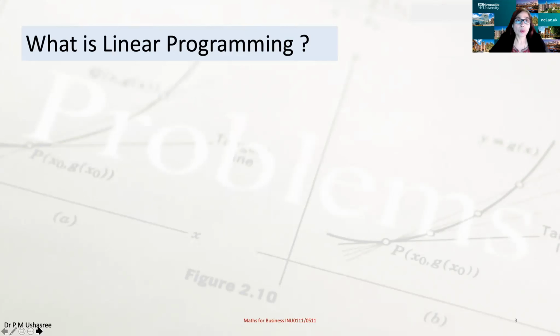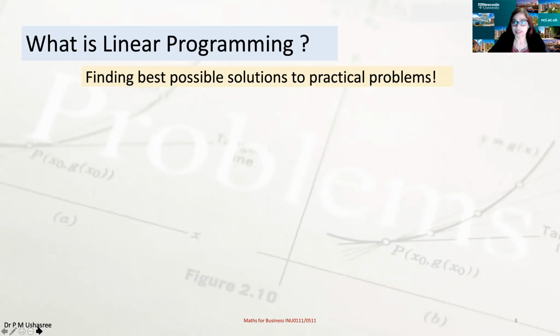Okay, so what is linear programming? Before we go deep into that, let's first understand what it is. Linear programming is used to find the best possible solution to practical, real life problems.